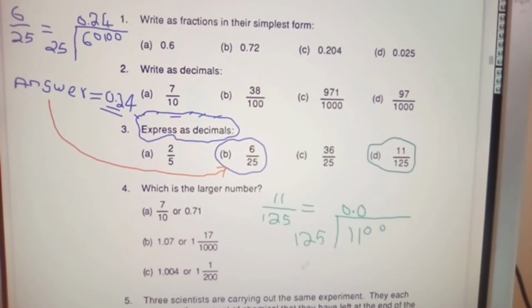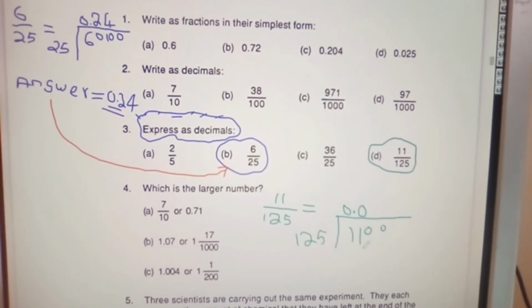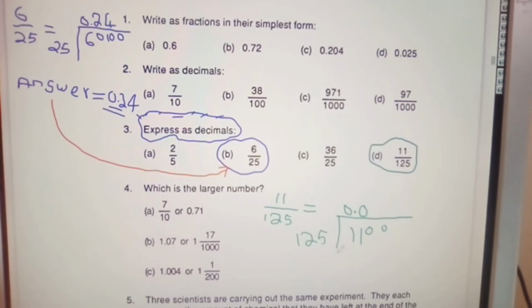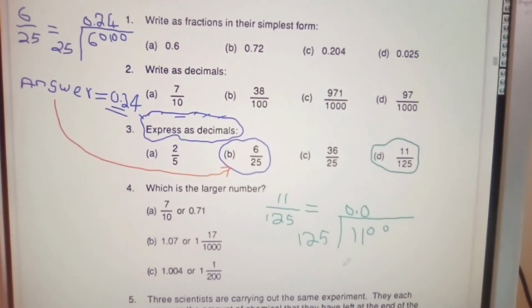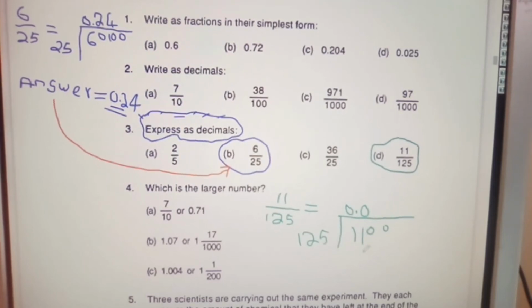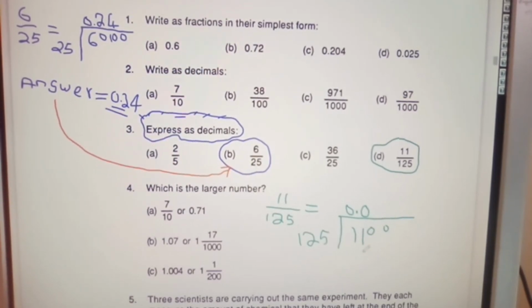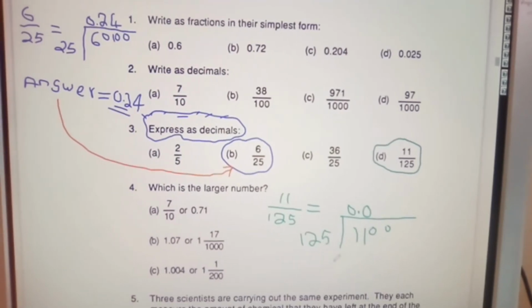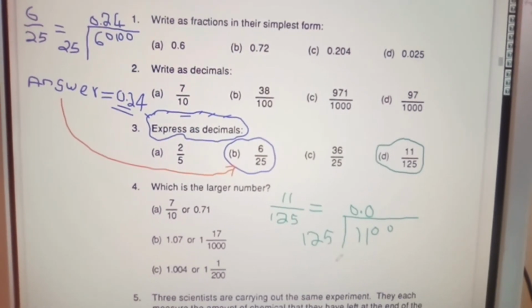Now 125 into 1100. So what we can say is that 125 into 1000 goes let's say 8 times. 8 times 125 makes what?